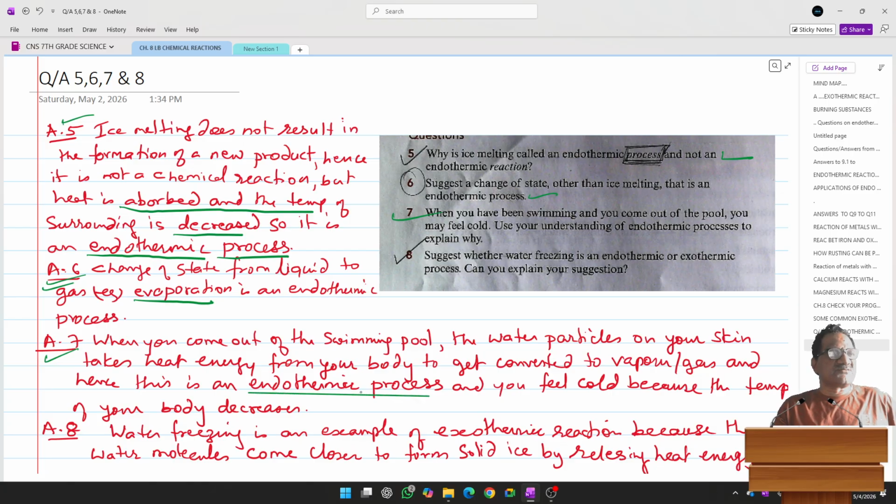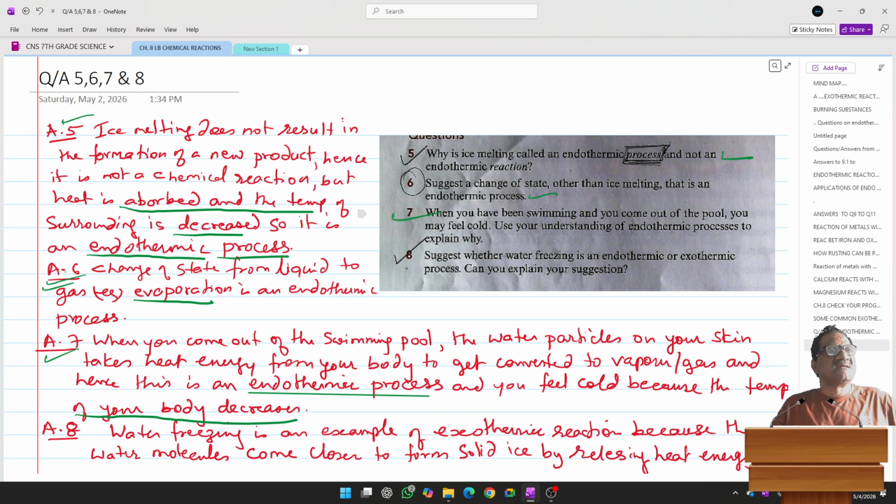So there is absorption of heat taking place, and there is also a decrease in the temperature of the body. Because of these two, this is an endothermic process, and that is why the person coming out of the swimming pool feels cooler, right? That was the answer to question number 7.